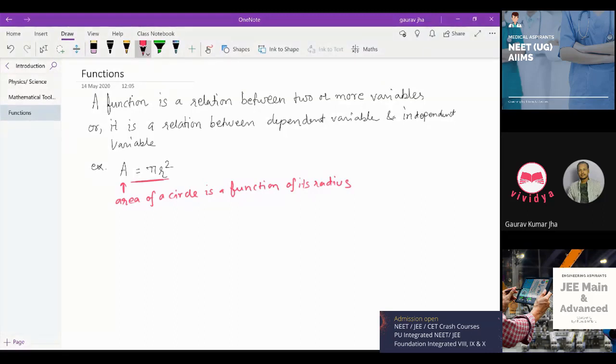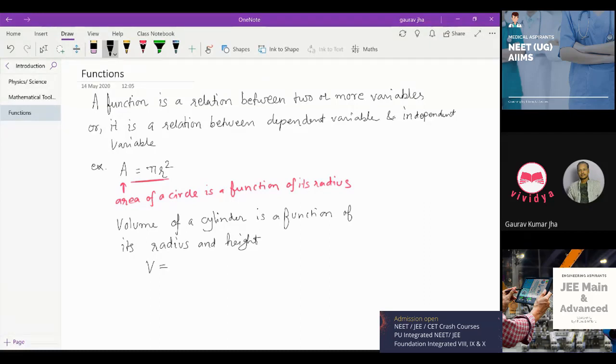Similarly, we can say volume of a cylinder is a function of its radius and height. So you can represent it something like that, that volume is a function of.